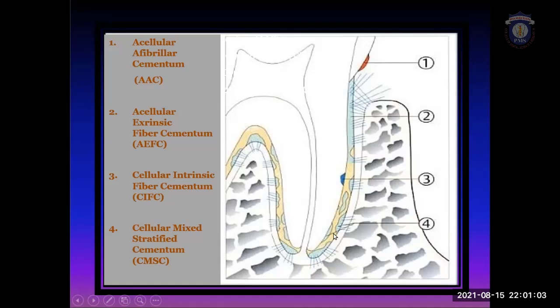These are rapidly formed and primarily contain more cells and fewer fibers, with embedded cementoblasts, specifically known as cementocytes. So they are the cellular cementum. You have the cellular intrinsic fiber cementum and the cellular mixed stratified cementum. Mixed stratified is cellular in nature and contains both extrinsic and intrinsic fibers.